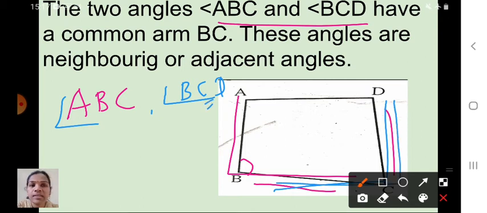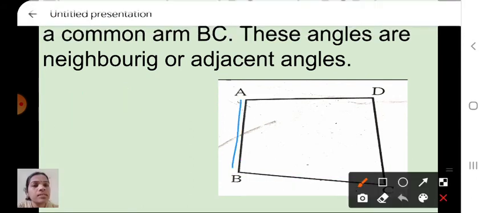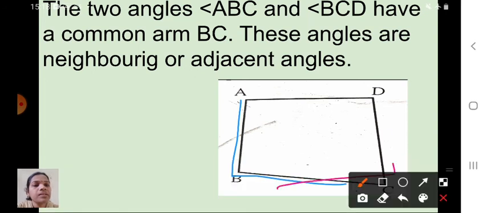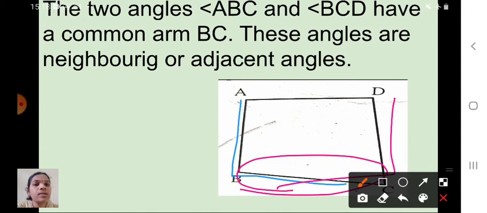In the middle which letter is there? C. So angle C I am mentioning here. So you know that angle B and angle C are adjacent angles. Okay children. So I have written that the two angles, angle ABC and angle BCD, have a common arm BC. So this angle, and the next one, this angle, this one BC is a common arm. So these angles are neighboring or adjacent angles.